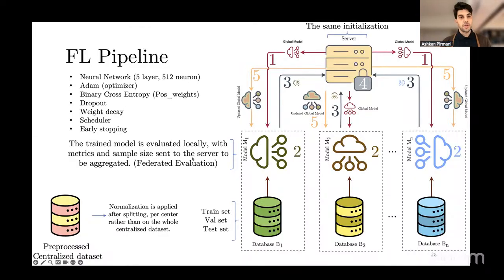These positive weights penalize the loss much more if it mispredicts a positive label. We have dropout and weight decay as regularizers, a scheduler to decay the learning rate when it plateaus to give our learning algorithm more chance to improve, and obviously early stopping.